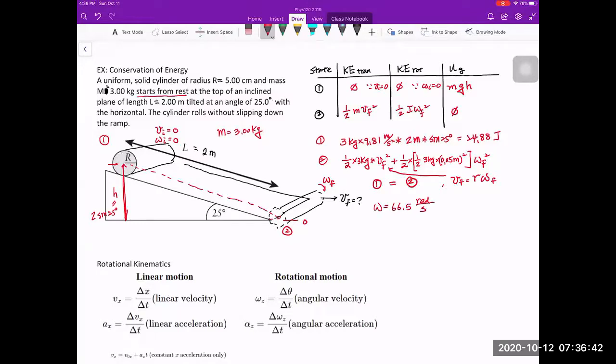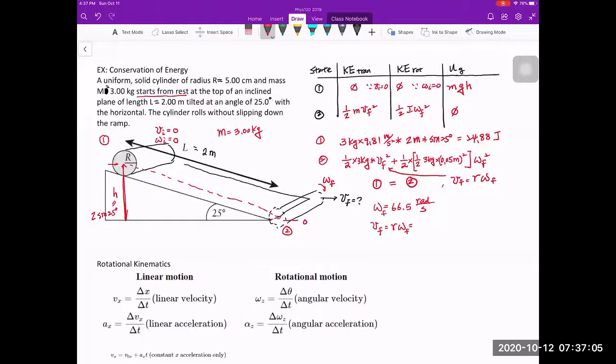But the problem is asking us about the v sub f. So how do you find the v sub f? Well, v sub f is equal to R times omega. And what is R?